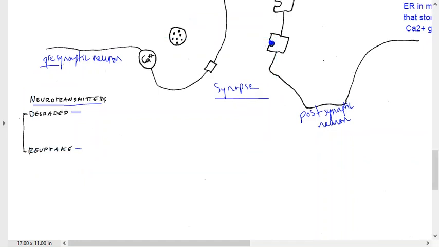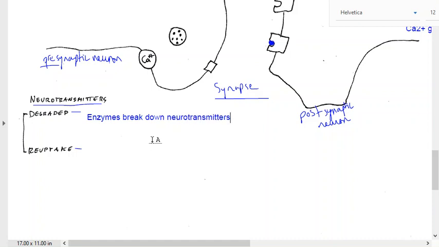I'll try one more time. There we go. Perfect. So if you degrade these neurotransmitters, enzymes are going to break down neurotransmitters like acetylcholine, if you're talking about the synapse between a neuron and a muscle cell.